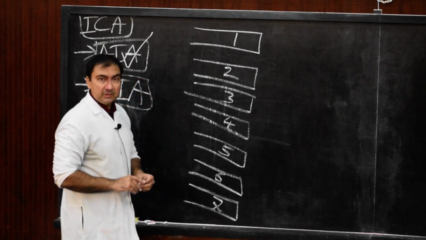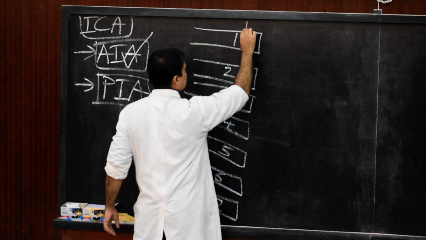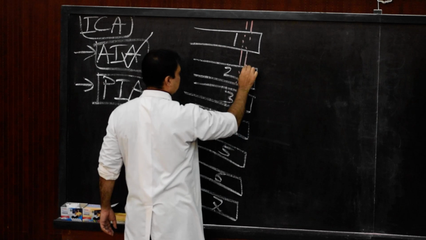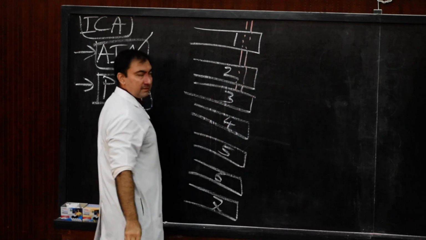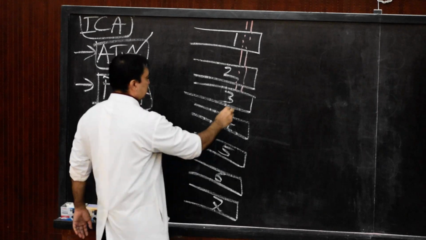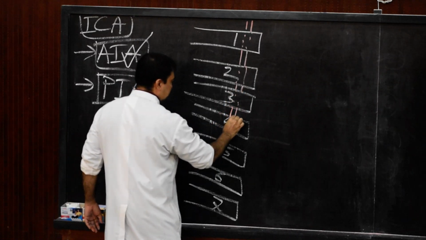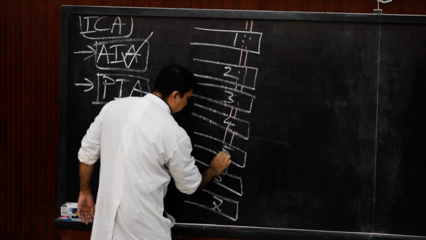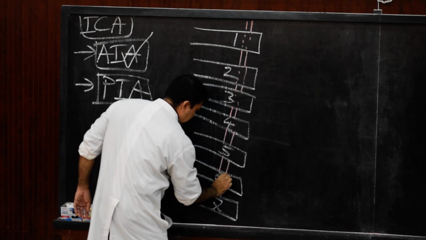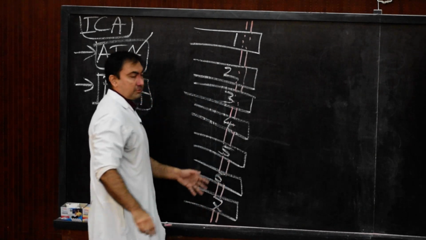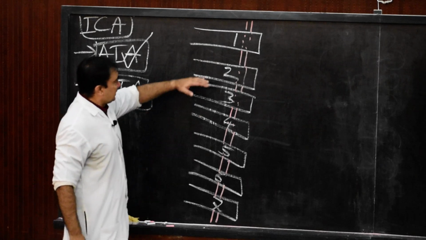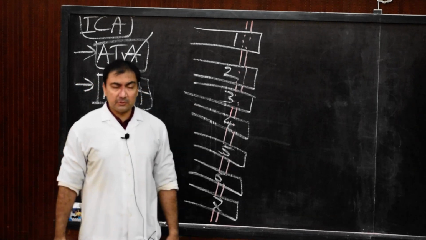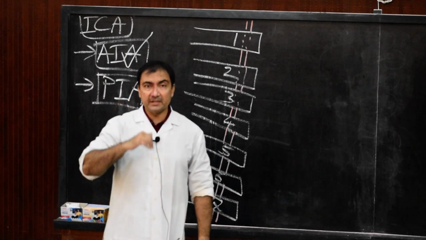Now if we draw the internal thoracic artery, as it is passing here in between the ribs, this is how we show the internal thoracic artery. And later on, beyond the 6th intercostal space, the internal thoracic artery will divide into musculophrenic and superior epigastric.